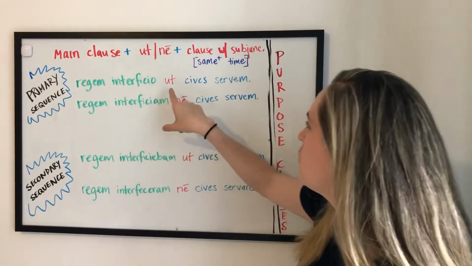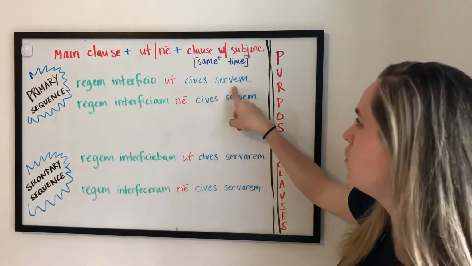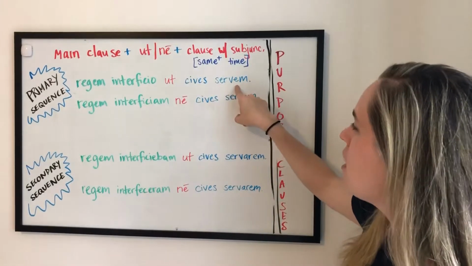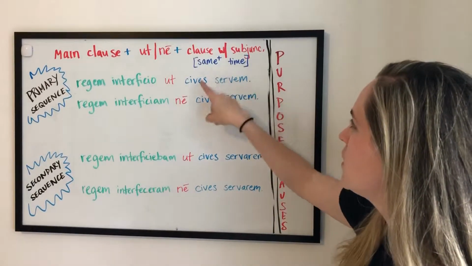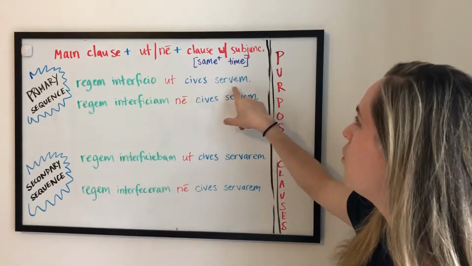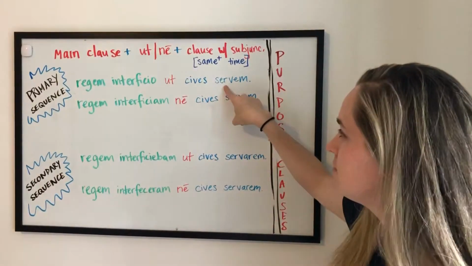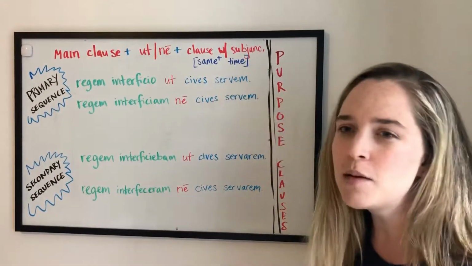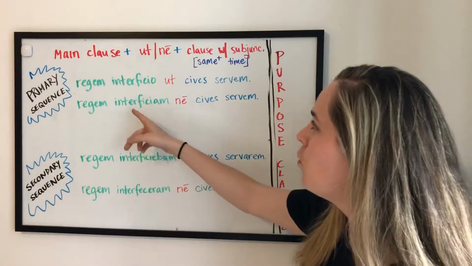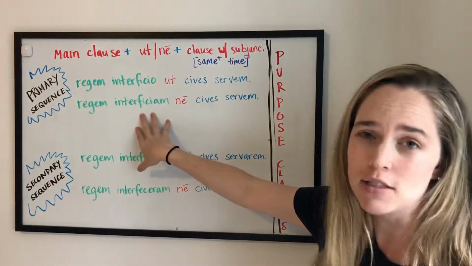I kill the king in order that I may save the citizens. And we use the present subjunctive because with the subordinate clause following sequence of tenses, in primary sequence, with same time plus events, you use the present subjunctive. And that's going to be true no matter what tense in the primary sequence your main clause is in.